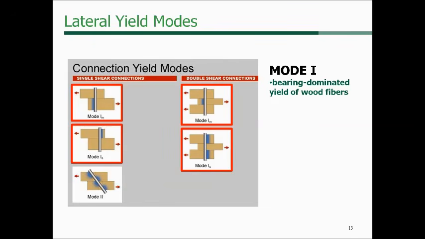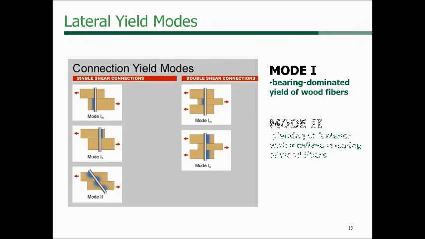It applies to both single shear and double shear connections. So we're showing single shear here on the left, double shear on the right, and so 1M, the M in these examples applies to main member versus the S, which applies to the side members. So we're going to be checking both the main member dowel bearing capacity and the side member dowel bearing capacity, again, for both single and double shear connections. So that's your mode 1 yield mode.